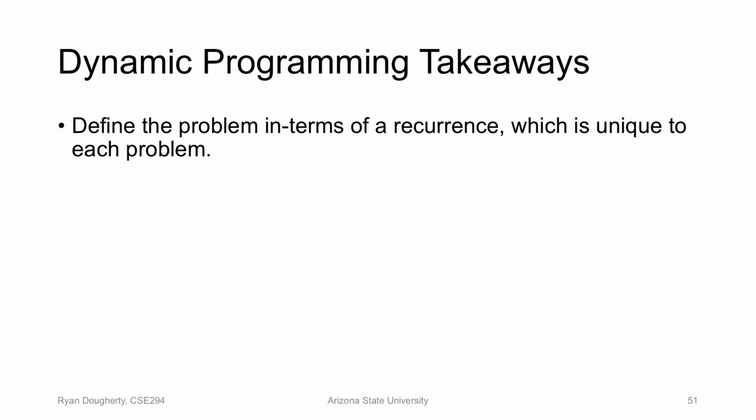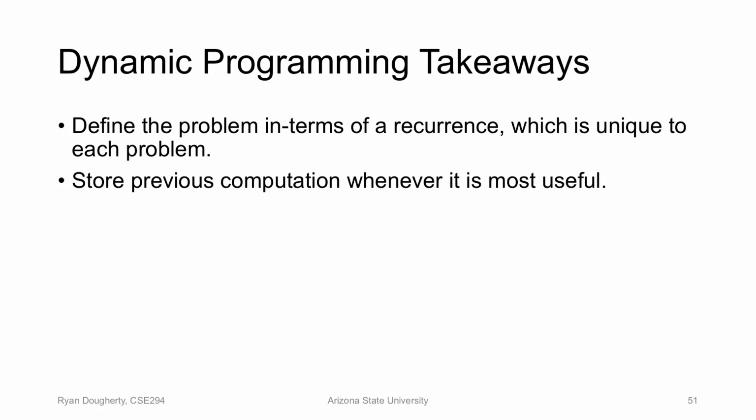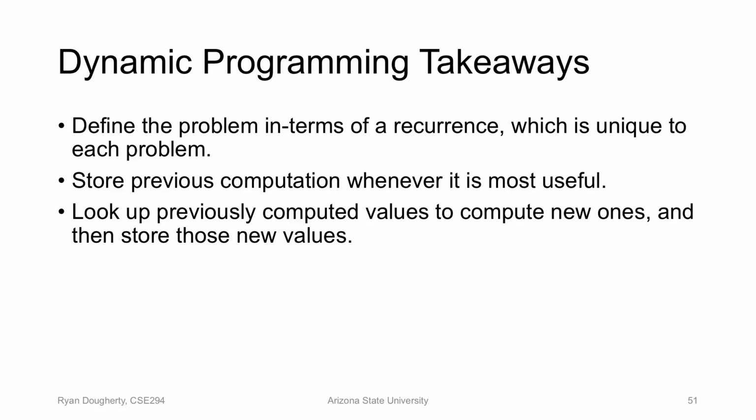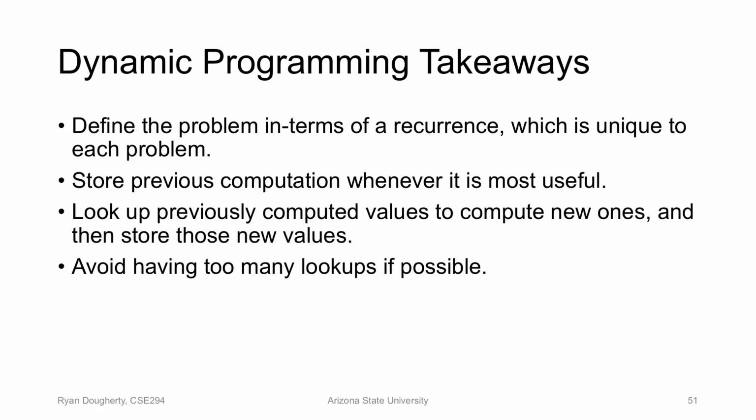So just wrapping all of this up, the takeaways I want you to get are that we usually define the problem in terms of a recurrence. We've seen this numerous times. We want to store previous computation whenever we can, and look up previously computed values so that we can make the computations for newly uncomputed values as easy as possible. That's the major thing we've seen.